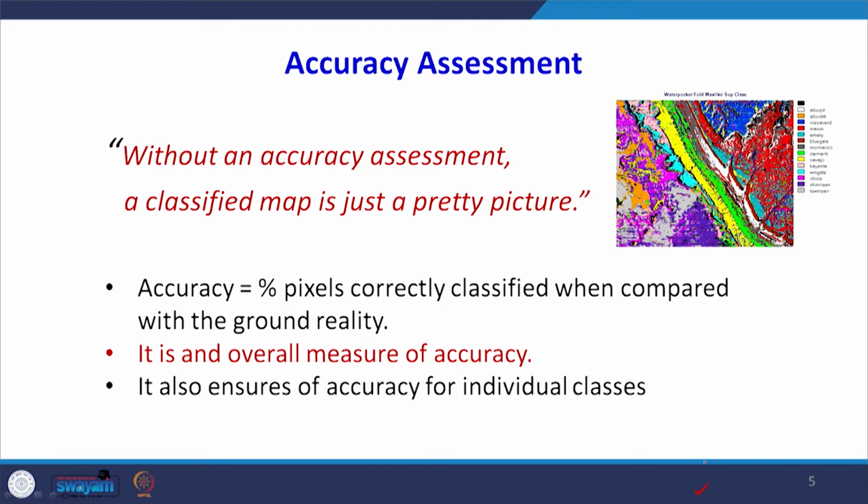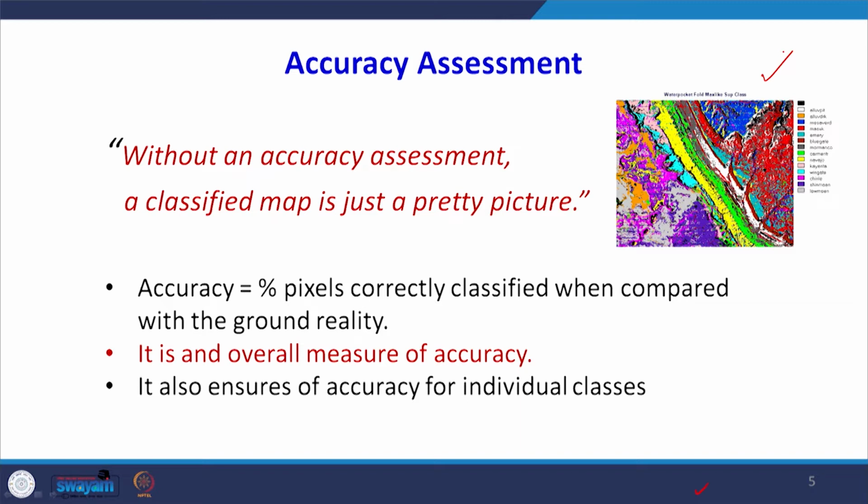If we do not know the accuracy, a classified map may be just like a pretty picture, it is just like a drawing. So, we have to identify, for example, this is a thematic map here, and we have to identify the percentage of pixels which are correctly classified when we are comparing with the ground reality.